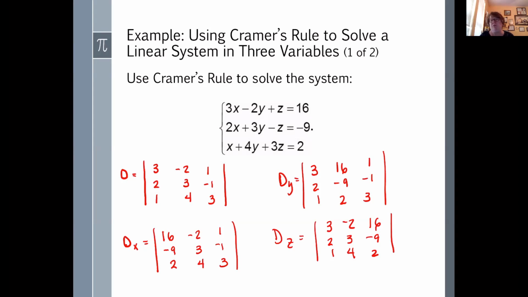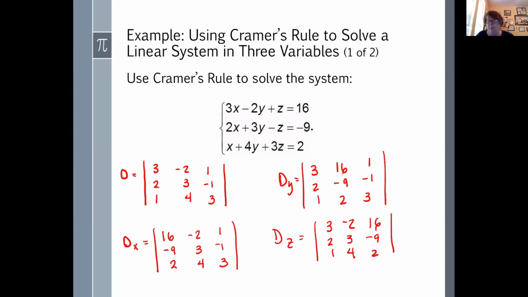So what I'm going to do now is I'm going to share my calculator, and I'm going to input these four matrices. Now, I actually like to write down on the piece of paper that I'm working on where I'm going to put this.